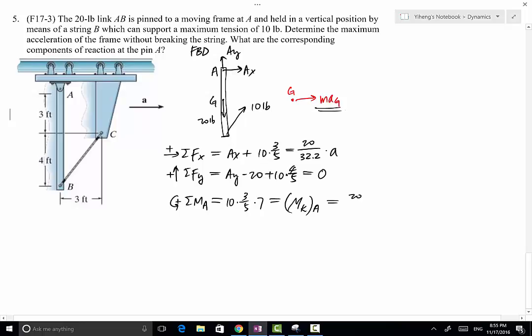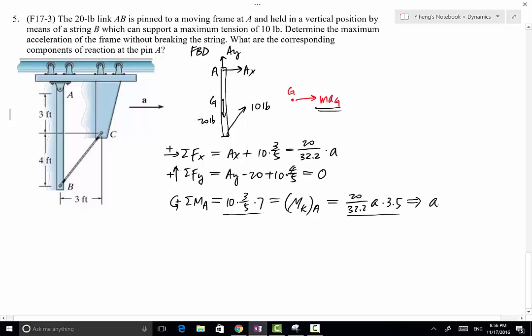It is 20 over 32.2, that is MA right there, times the moment arm. The gravitational center is right here, which has a moment arm of half of 7, which is 3.5. So it's 3.5.